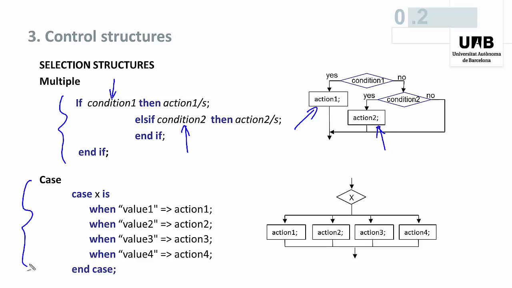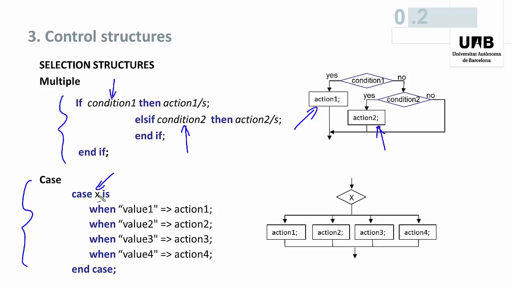Another way to define selections is the case statement. Assume that a variable x can take 4 values called value 1, value 2, value 3, and value 4. Then sequences of actions can be selected in function of the value of x.